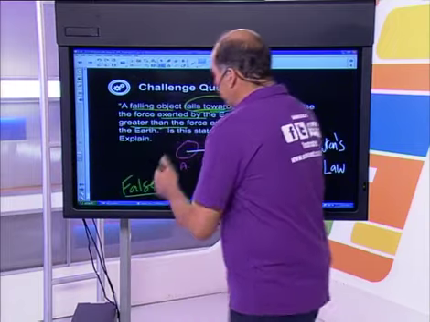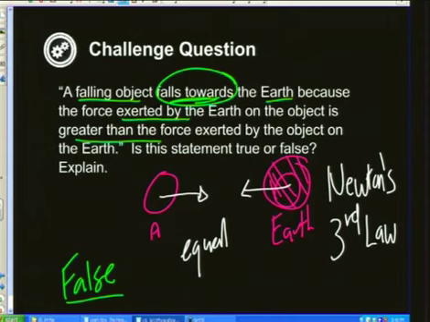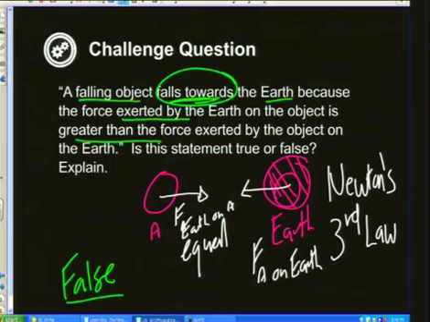You must be able to recognize that the force on body A, this is the force of the Earth on A, and this is the force of A on the Earth. And they're equal. But now why does the one accelerate towards the other?